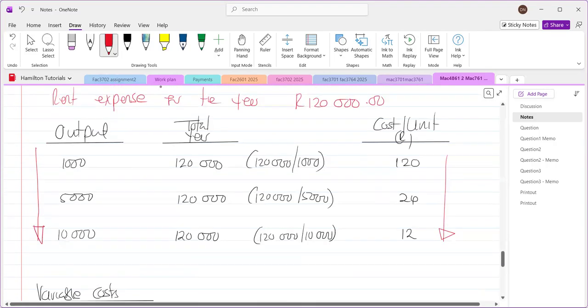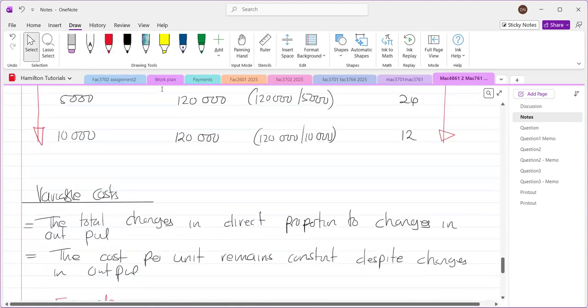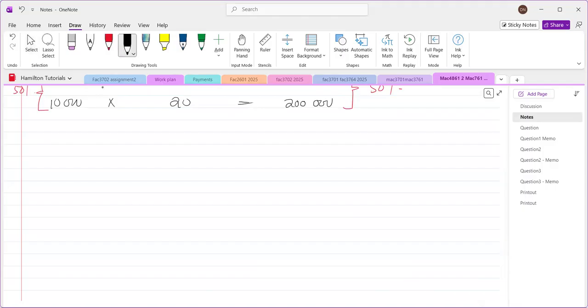Right, so classification by cost behavior, that's what we have. And then we also have what we call mixed costs, or semi-variable costs.